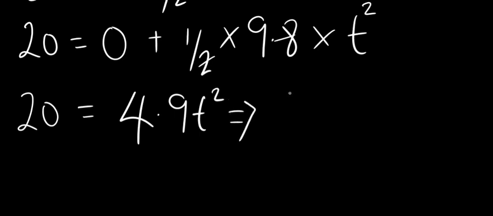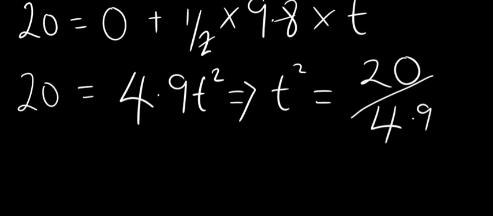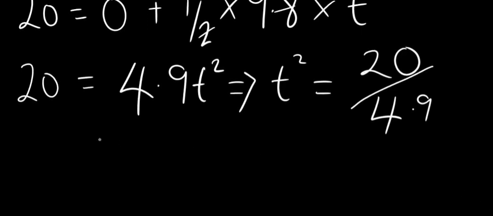It implies that if we make t square the subject, it's going to be equal to 20 divided by 4.9. So t squared will be equal to 20 divided by 4.9.